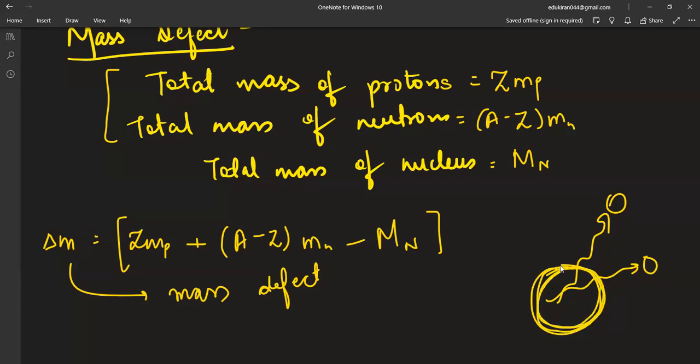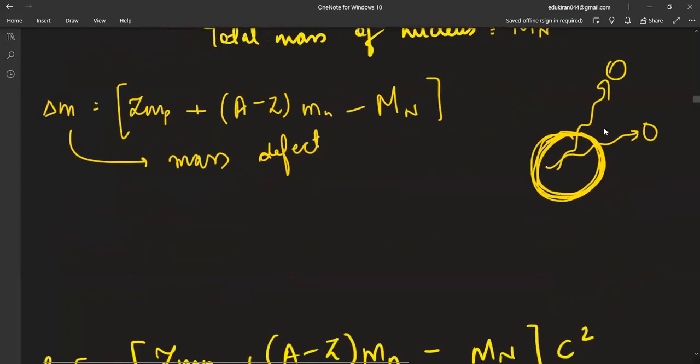If you look at the mass before the phenomenon occurred, and after the splitting, you check the mass, there will be a very slight defect. That is, some mass has been lost. That is known as the mass defect. So we have a concept known as binding energy. Binding energy means the energy which is generated in this process when it is splitting. So we call this binding energy.